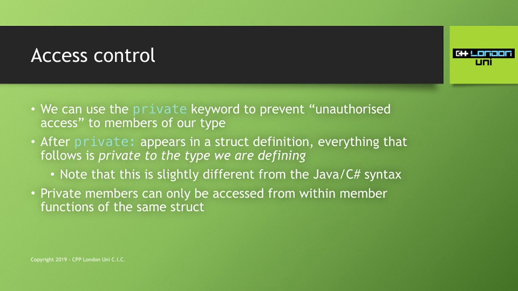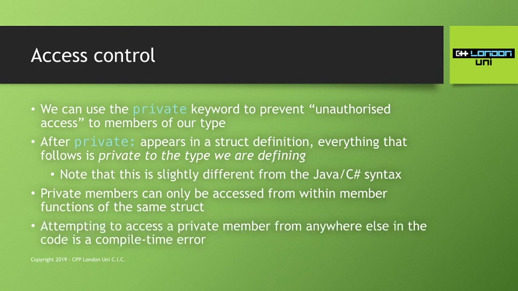It is inaccessible to the rest of our program. If anybody tries to access private data, that's going to be a compile time error. The compiler is going to catch that and say, hey, no, no, no. You can't touch that. No, that's private. Not allowed.